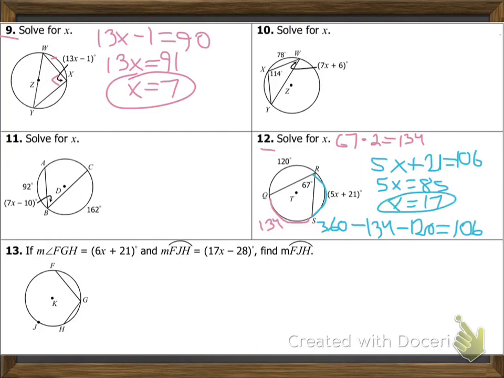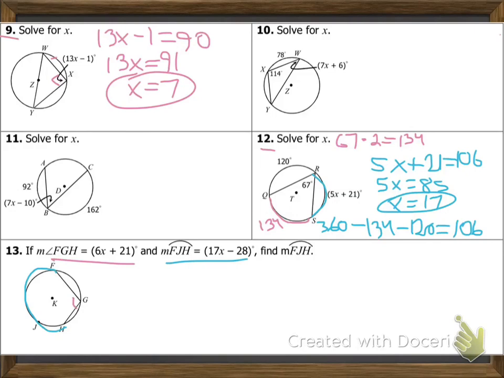So now let's look at 13. So they tell us if the measure of angle FGH, so it's going to be this guy right here, is going to be 6x plus 21, and then the measure of the arc FJH, so that would be this arc over here, is going to be 17x minus 28. We need to find the measure of the arc.